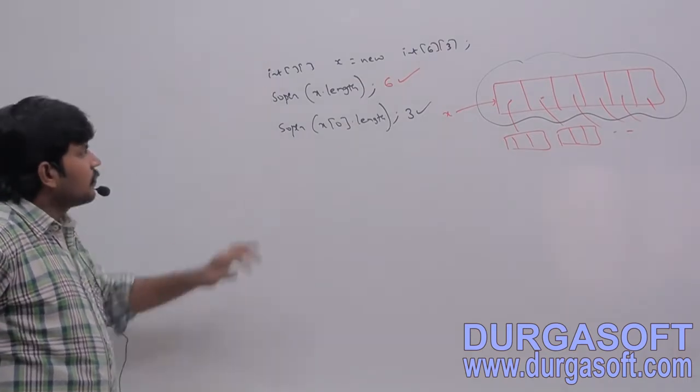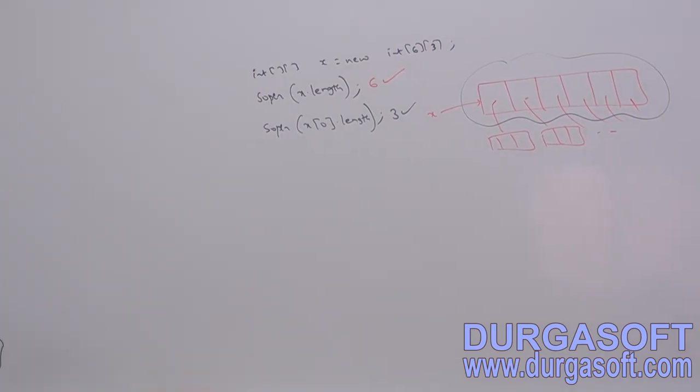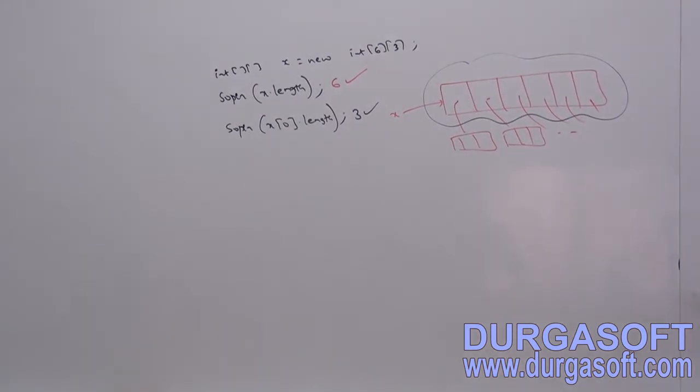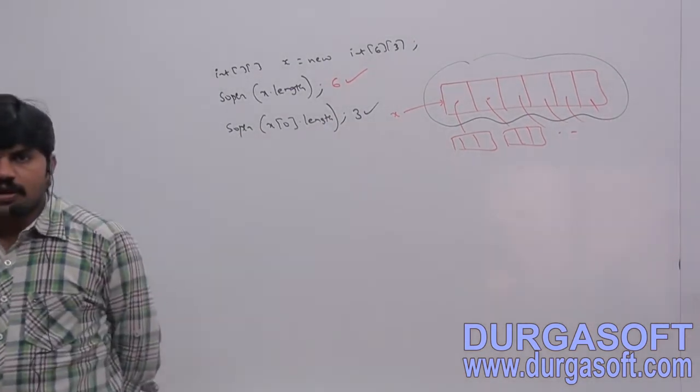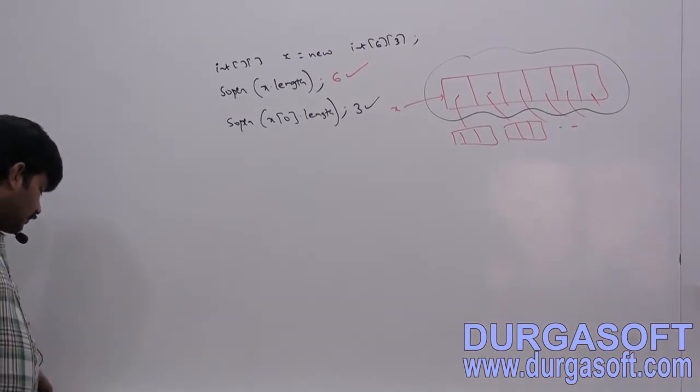Take this example. Two-dimensional array X is equal to new int two-dimensional array of 6, 3. SOP of x dot length, the answer is 6. SOP of x of 0 dot length, its value is 3.